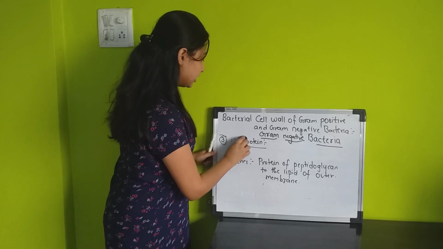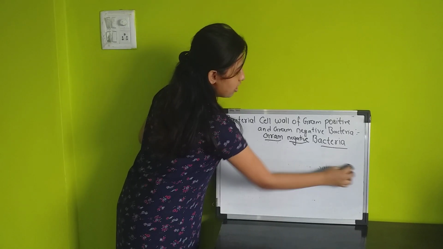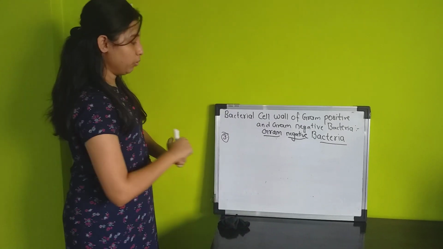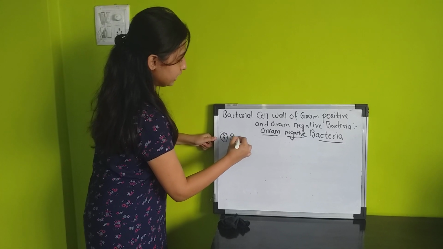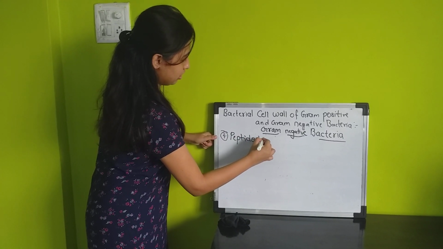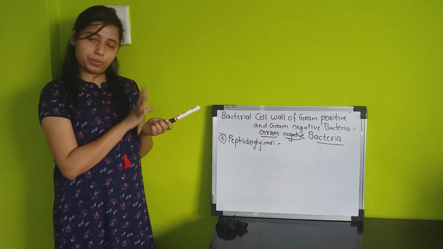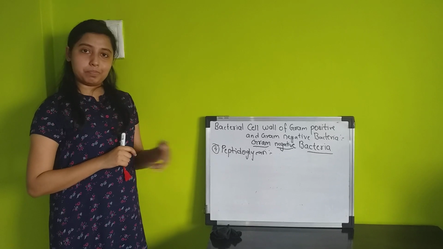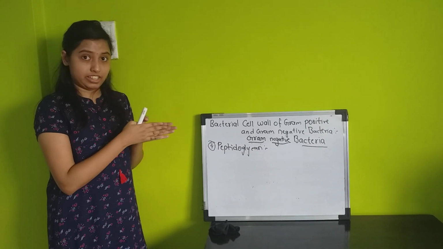Now the last point under gram-negative bacteria is peptidoglycan. The only difference between gram-positive and gram-negative bacteria under this is that in gram-positive bacteria it is thick.